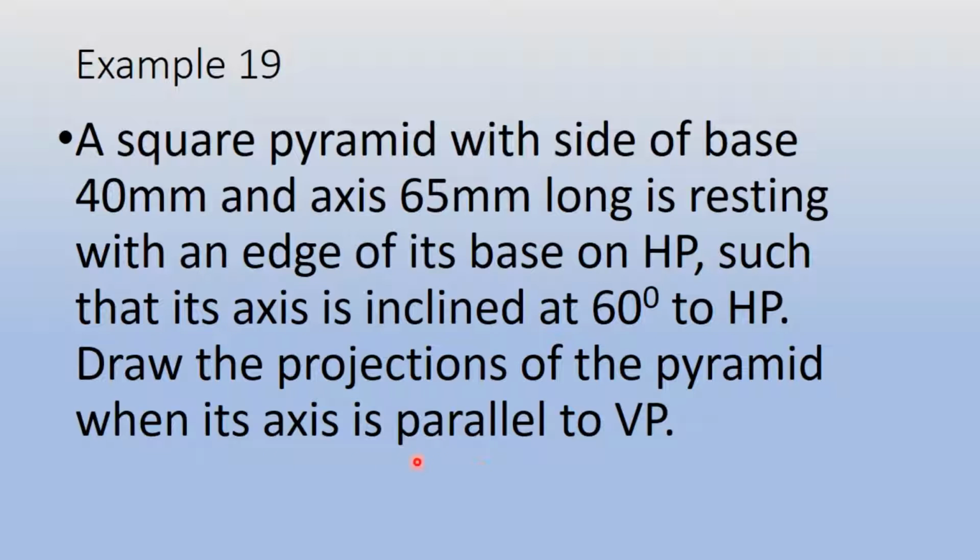Also, it is mentioned that the axis is parallel to VP. This is also very important, because we have to maintain the axis parallel to the vertical plane. Now we will see how to first place this in the first quadrant.